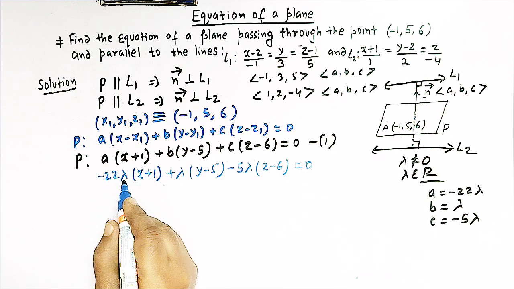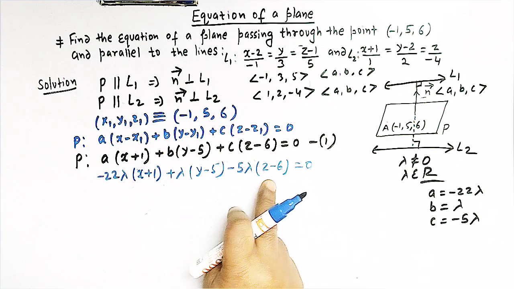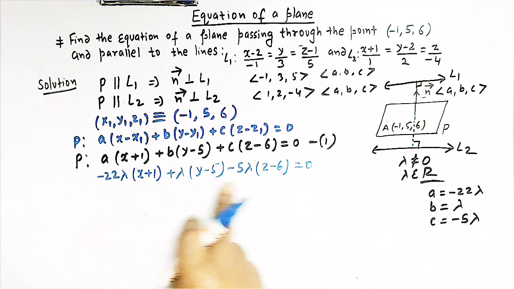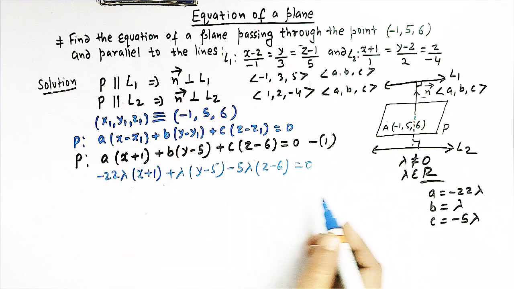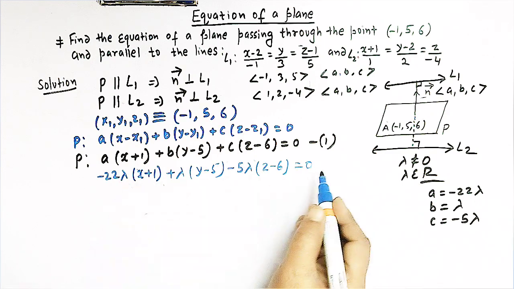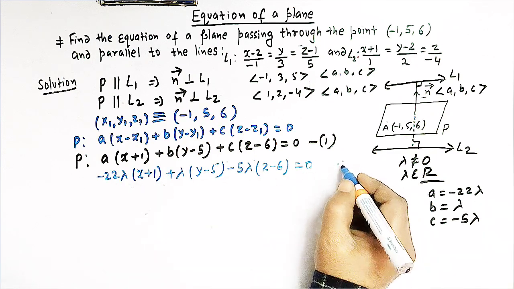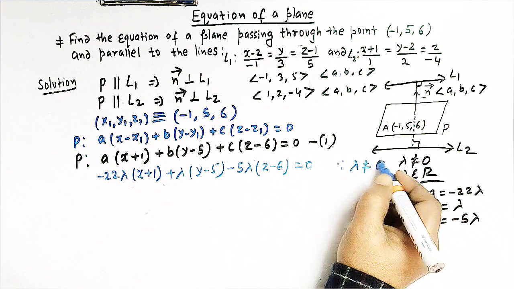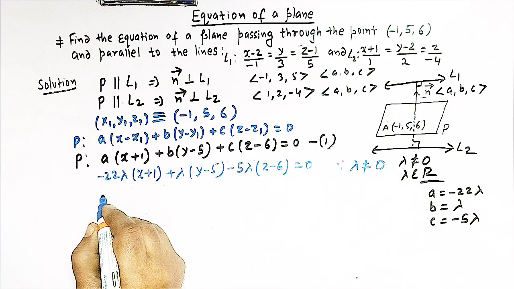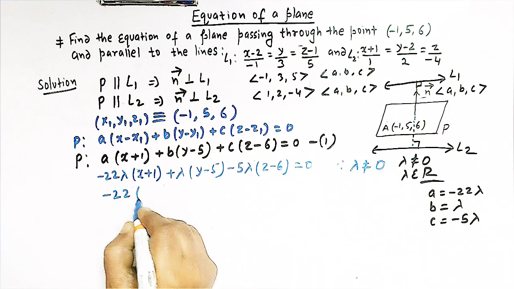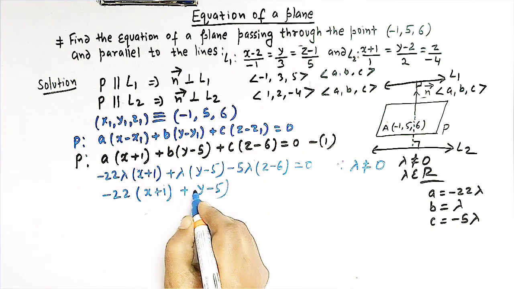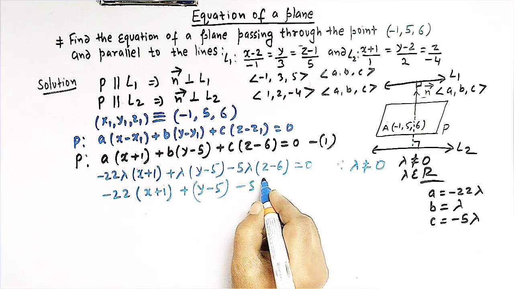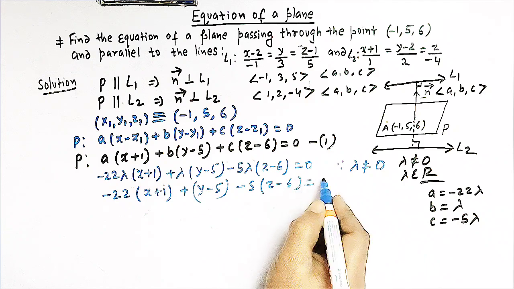Now see here lambda appears in all these three terms, so we can get rid of lambda easily by dividing both sides of the equation by lambda, since lambda is not equal to 0, right? So we are left with minus 22 (x plus 1), then plus (y minus 5), then minus 5 (z minus 6) equal to 0.